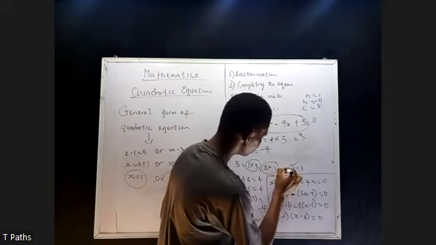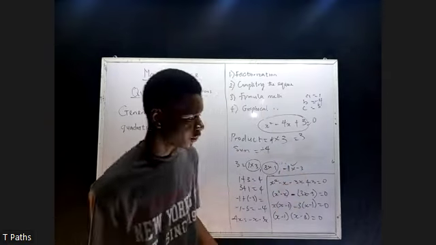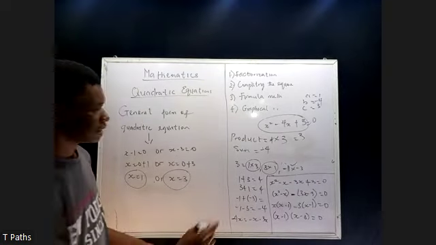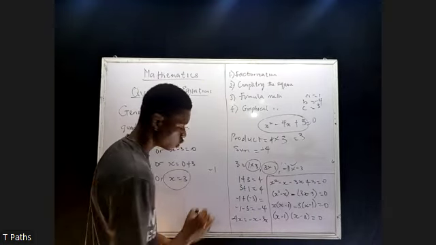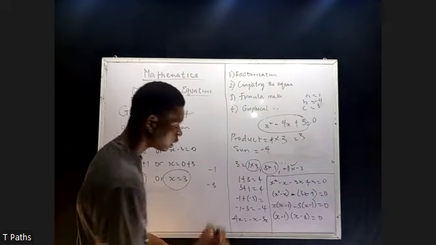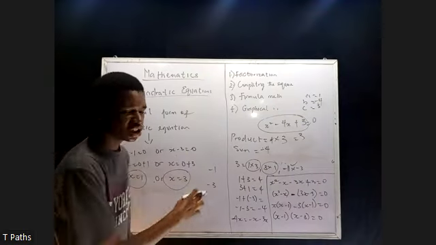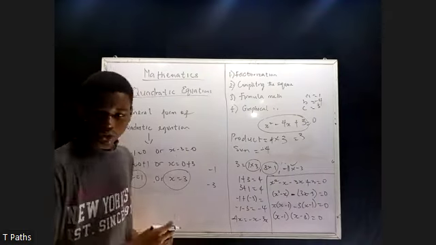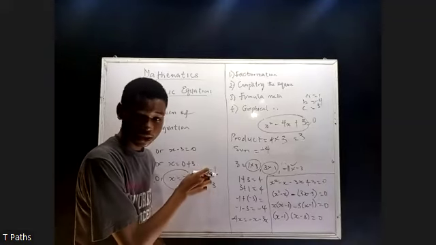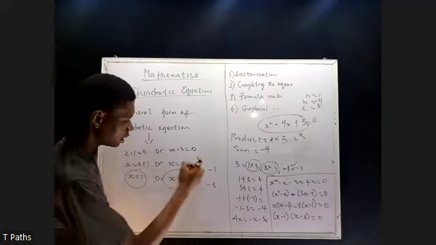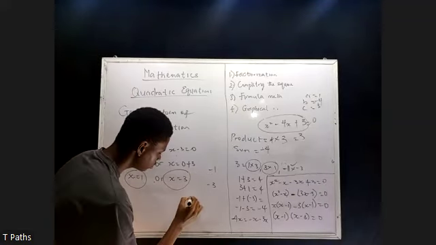So now I have my factors as -1 and -3. Since I have the first factor as -1 and the second factor as -3, I'm going to change their signs. What do I mean? Now this first factor is -1, right? When I change the sign, it's going to become +1.